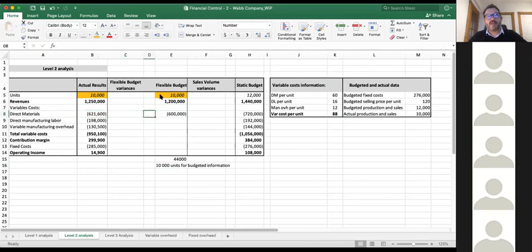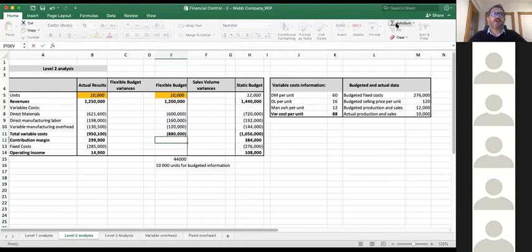We have 621, so it seems that it's a little bit more. For the direct labor, we should have 160. Sorry, I'm going to put the minus sign. Variable manufacturing overhead, 12 times 10,000, so that should be 120. For the total variable cost, we have 880.